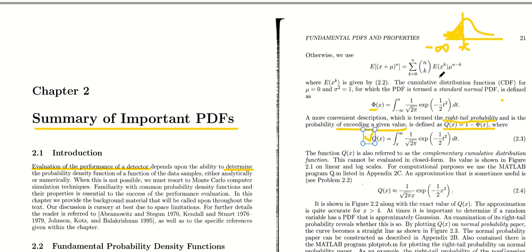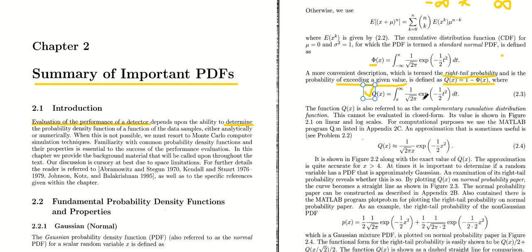Q is doing the distribution of Gaussian, of course, from x to infinity. So it is doing this part. That is the Q function. Q function is doing this part, and the phi function is doing this part. Okay, so just an illustration.